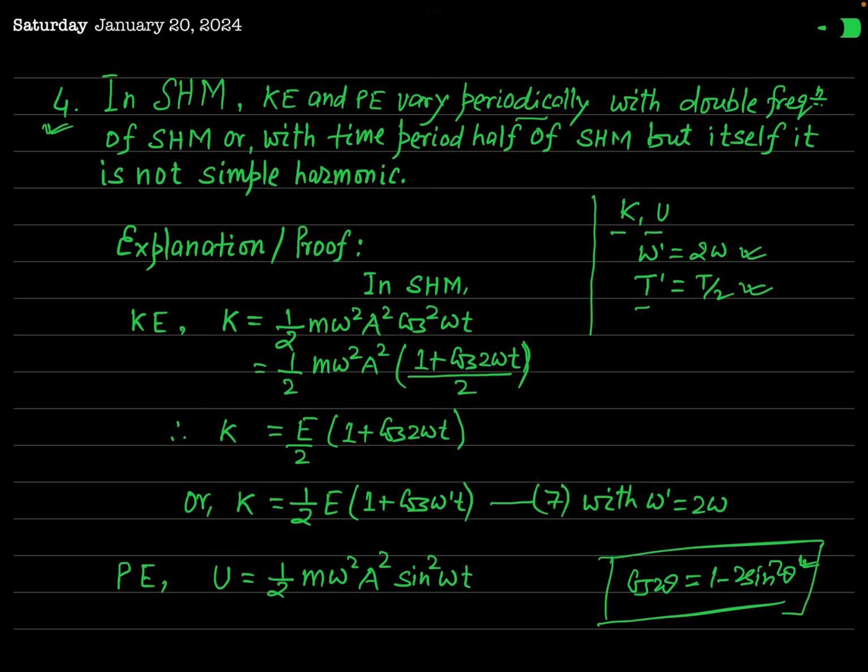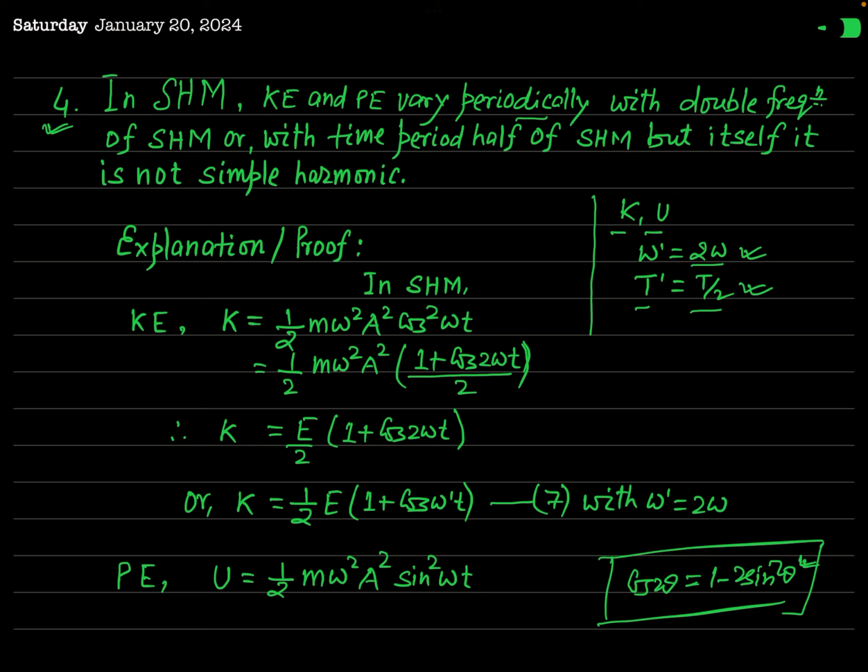So we will now see the explanation or the proof of this very important fact. First of all, we will show that K and U vary periodically with a frequency twice the frequency of simple harmonic motion, or a time period of half the time period of simple harmonic motion.